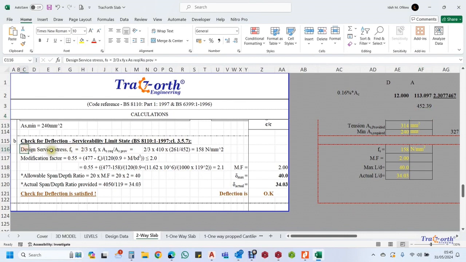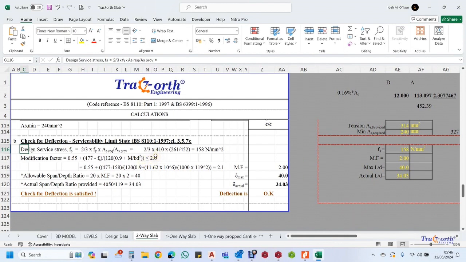And there you see the design stress to be fs, which is 2/3 times fy times the reinforcement area required over area provided. And when you have that, you check the modification factor, which you use to modify, and the formula is there, which is 0.55 plus (477 minus fs) divided by this, and then you limit it to 2.